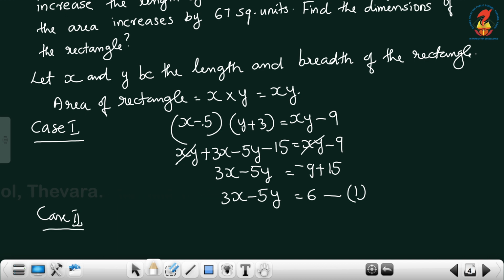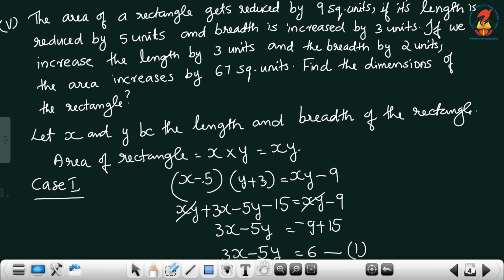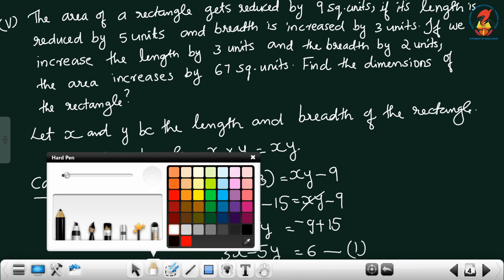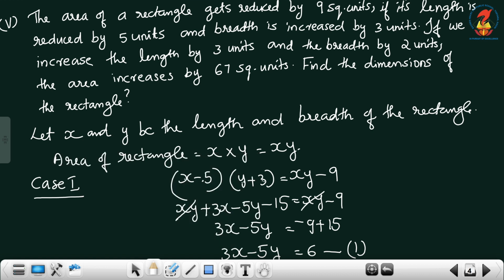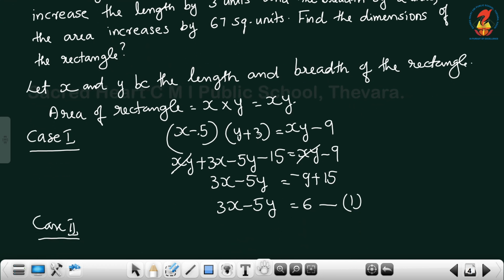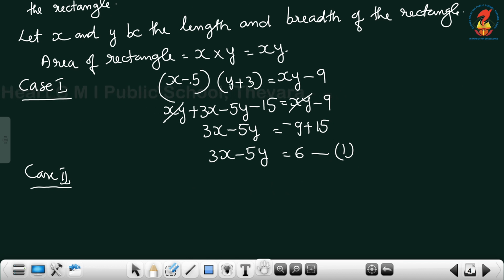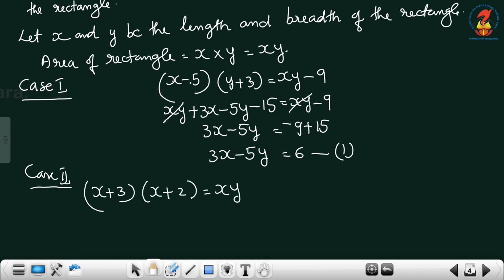What's the case 2? If we increase the length by 3 units, that means x plus 3, and the breadth by 2 units, y plus 2, the area increases by 67. Then how can you write it? x plus 3 into y plus 2 equal to xy plus 67.